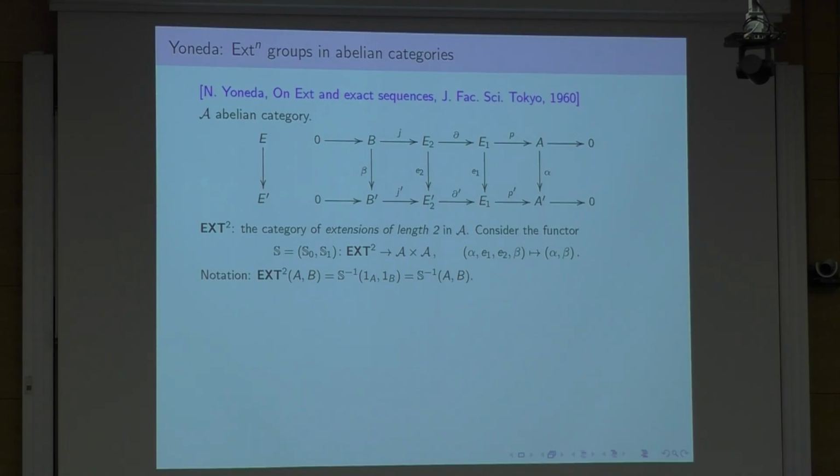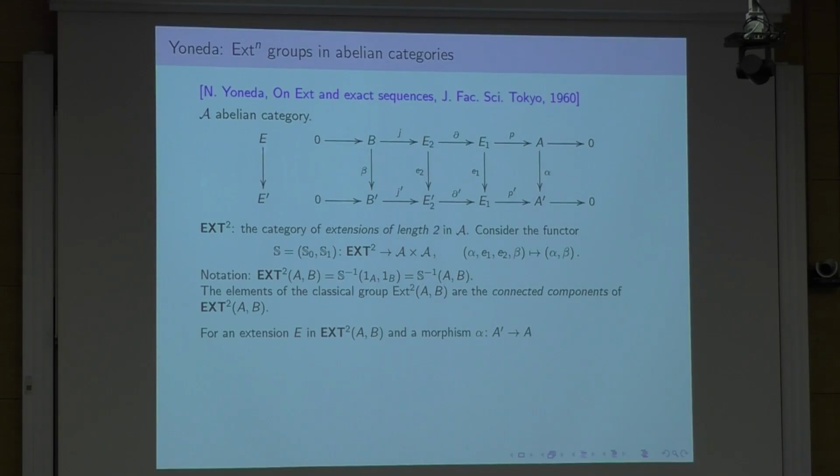This notation is just to say that they end with A and start with B. So S2 minus 1 of AB. And the elements of the classical group Ext square AB are just the connected components of such a category.